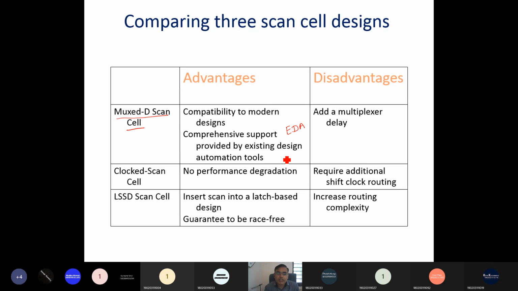The tool itself adds the DFT logic in the design, and no human engineering is required to modify our design to add the DFT logic.